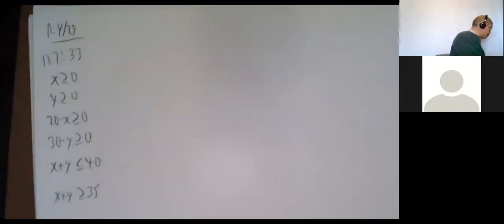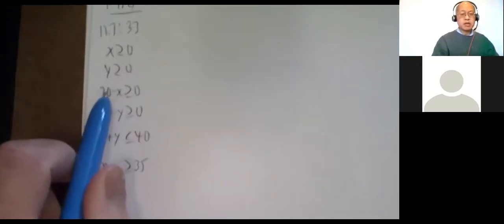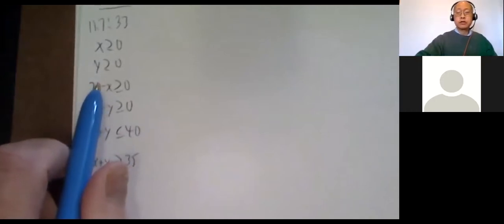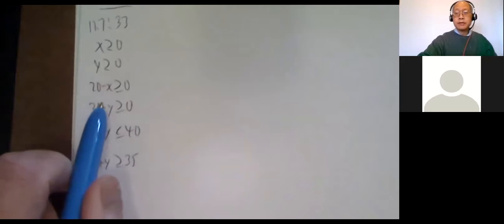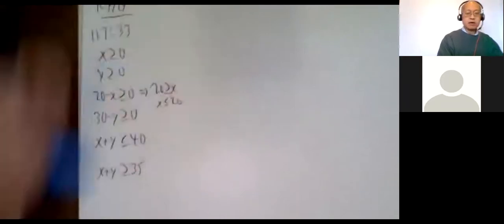Let's go right to it. Now, we've already seen this before. X greater than or equal to 0, Y greater than or equal to 0 means first quadrant. So I'll do just a first quadrant graph. These two, let me get these out of the way. If I add X, it says 20 is greater than or equal to X, which is the same thing as X is less than or equal to 20.